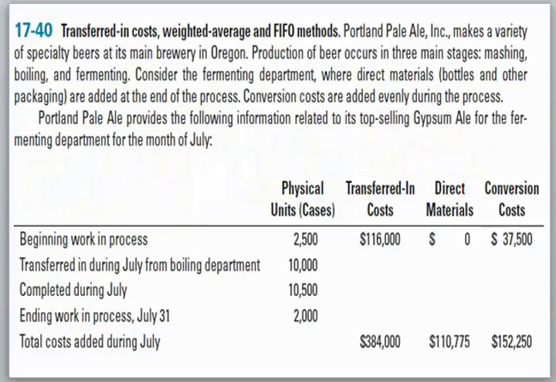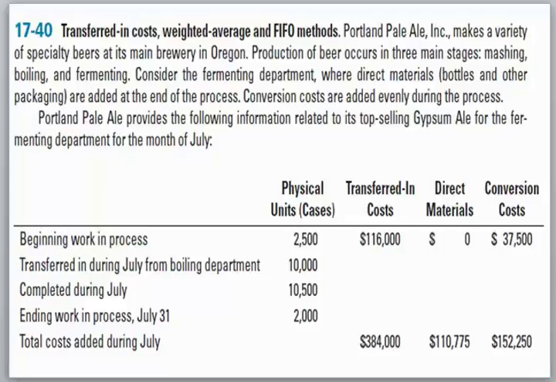Let's solve this example. Exercise 17-40, transferred in costs, weighted average and FIFO methods. Portland Pale Ale Incorporated makes a variety of specialty beers at its main brewery in Oregon. Production of beer occurs in 3 main stages: mashing, boiling, and fermenting.